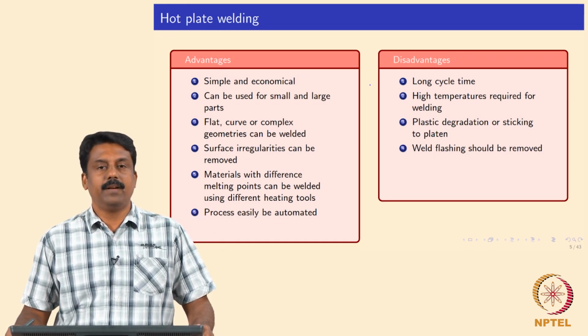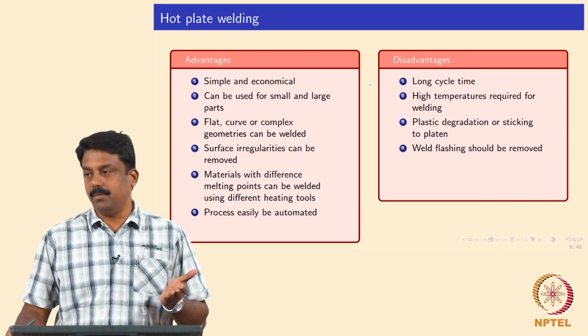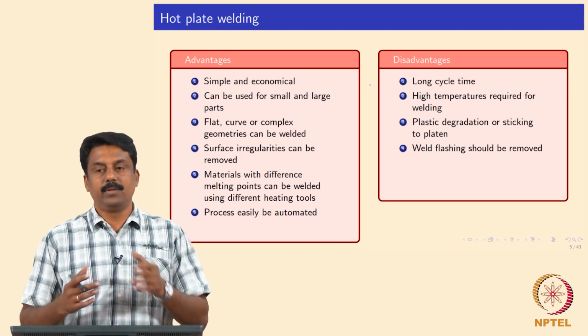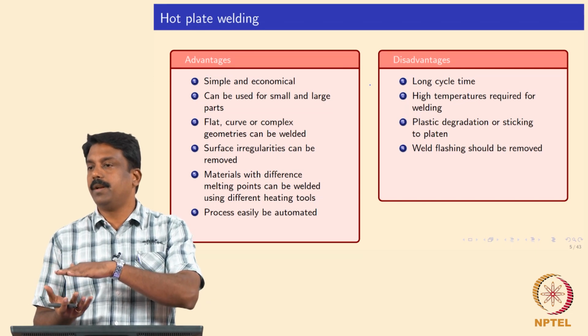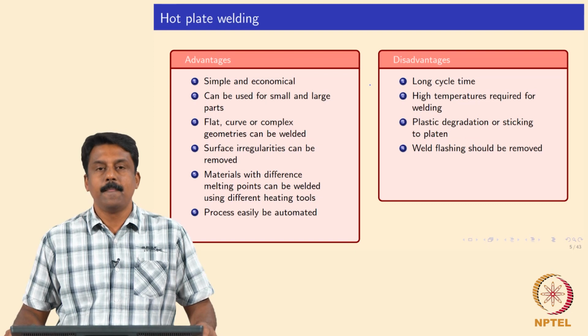Materials with different melting points can be welded by using different heating tools. You don't need to use the same tool. You use one tool for the bottom interface and another for the top interface, and then you join them together.